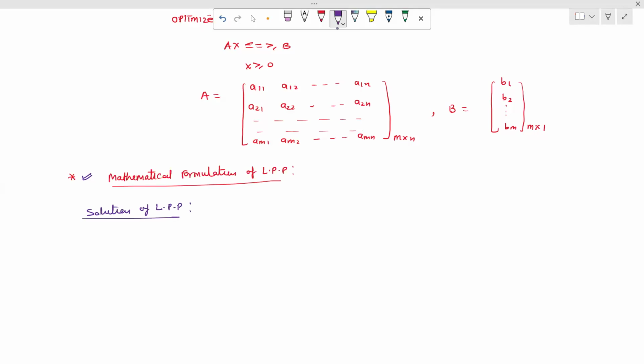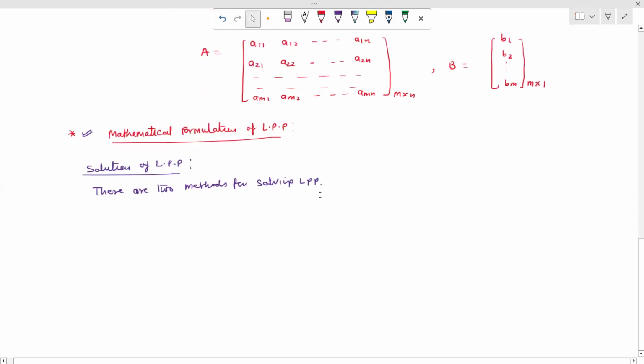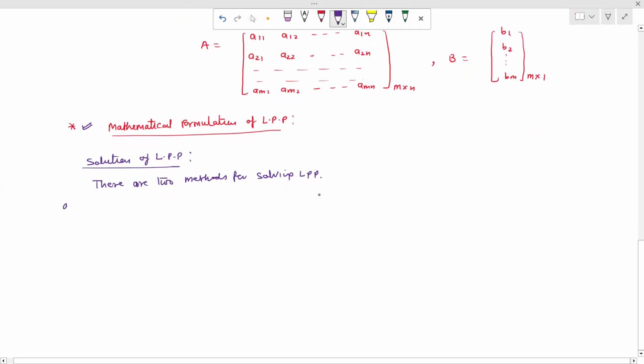So for doing the solution, there are two methods. Basically we have two methods for solving a linear programming problem. Method one is what we know as the graphical method.